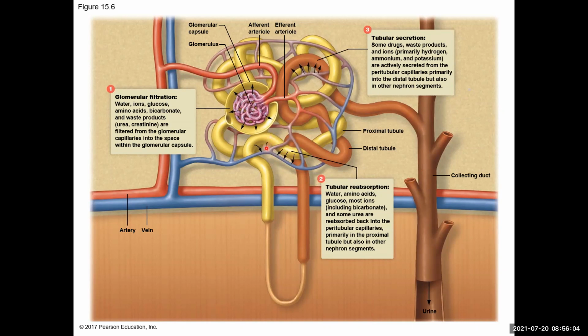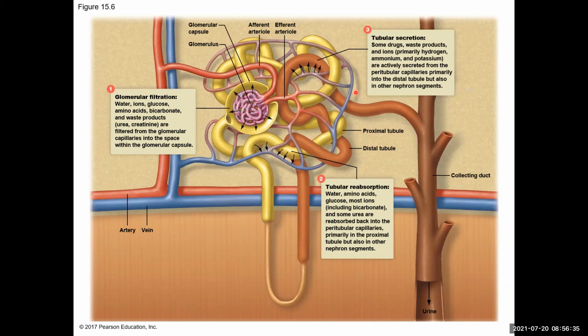So a lot of the water and amino acids and ions are reabsorbed from the proximal tubule into those peritubular capillaries, so it can re-enter the bloodstream. Remember, we said that there is like 180 liters that is filtered in this filtration process. Most of that goes back into the bloodstream, and this is how it happens, through that tubular reabsorption.